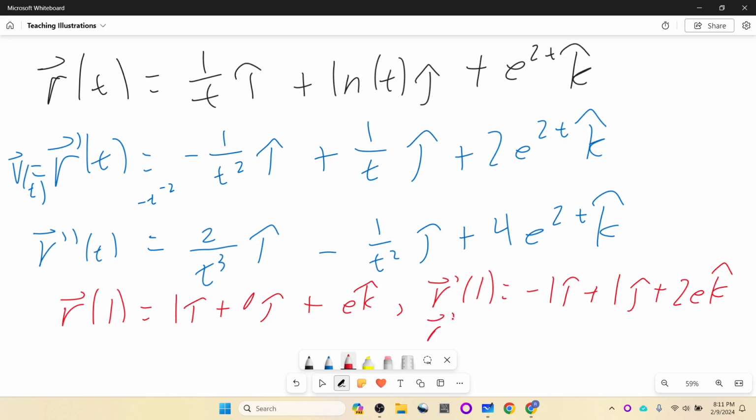And r double prime of 1 would be 2i minus 1j plus 4e, which should be e squared, shouldn't it? e squared k.